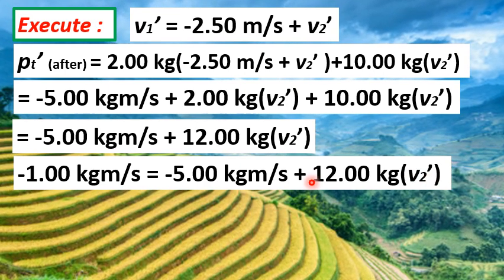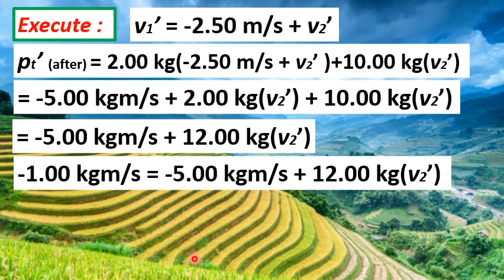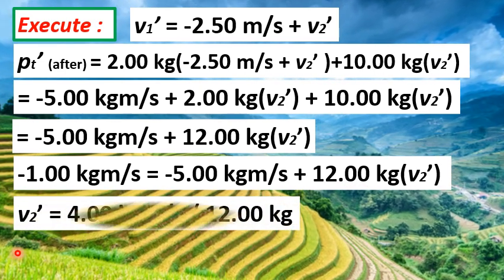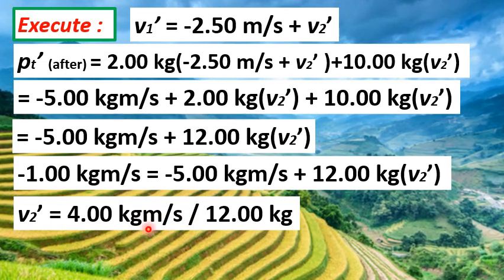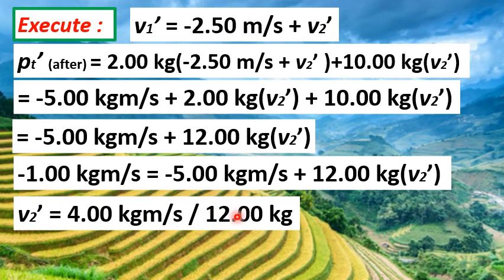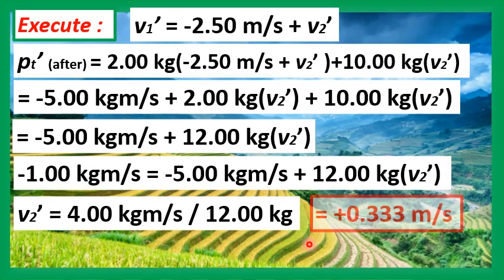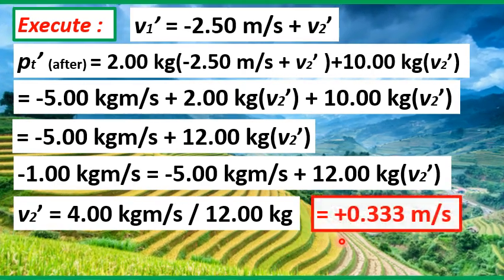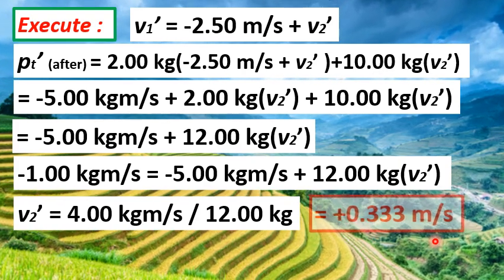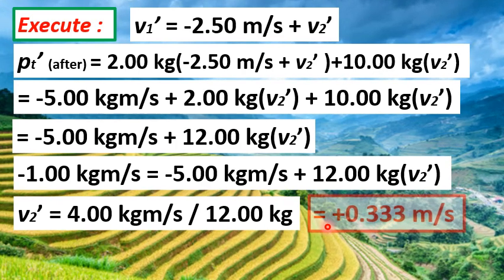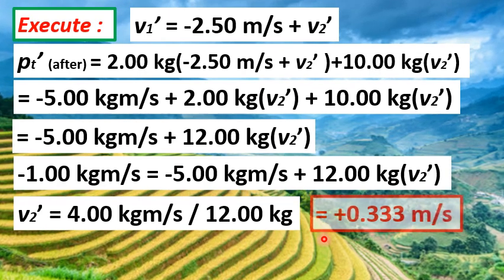And solving for v2 prime, or isolating v sub 2 prime, we have v sub 2 prime equals 4.00 kilogram meter per second divided by 12.00 kilograms, which gives us the value of v2 prime equals positive 0.333 meters per second. That is the velocity of block B after the collision in three significant figures.